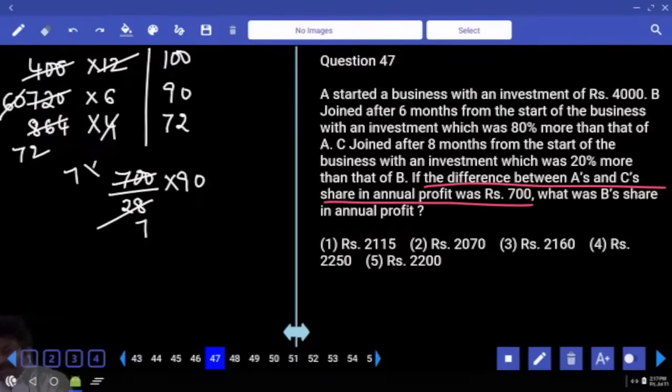I'll keep 7 as it is, into 100. In 100, I will cut off 4. Will be 25. 7, 7 gets cancelled. 25 into 9. There is a 0 in 90, I'll write 0. 25, 9 times 25 is 225.